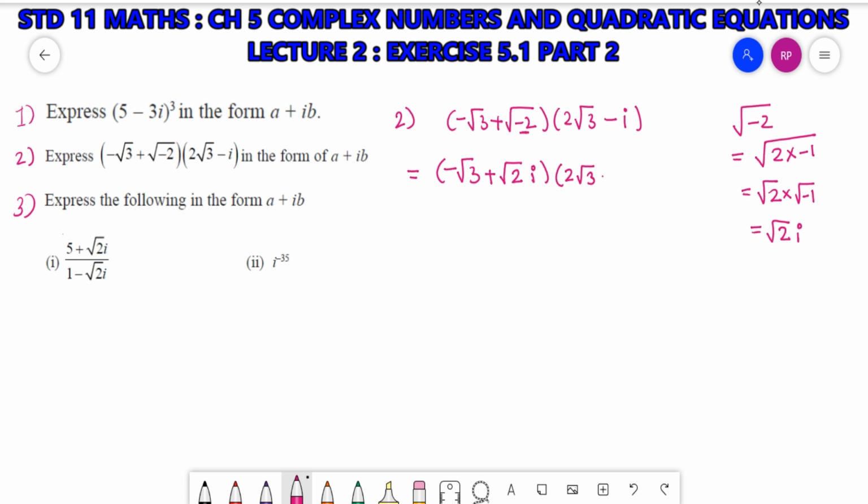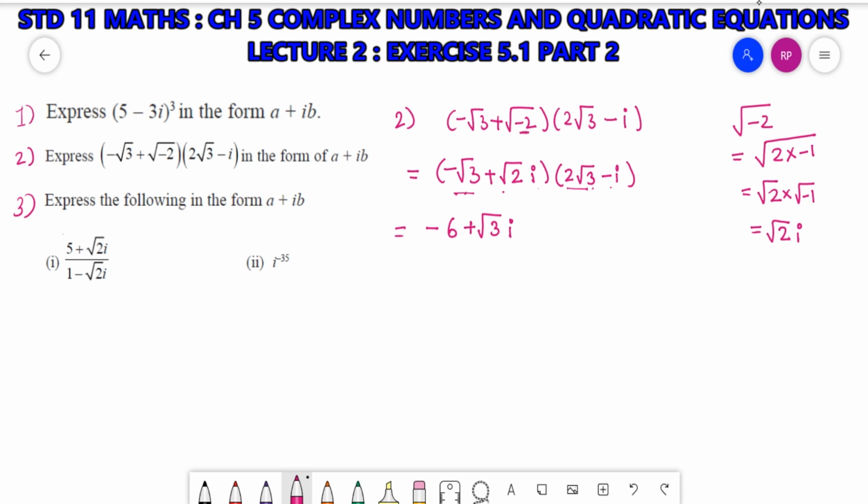Now let's multiply minus root 3 into 2 root 3. So root 3 root 3, 3 into 2, 6, and minus sign, so minus 6. Minus root 3 into minus i, it will be plus root 3i.